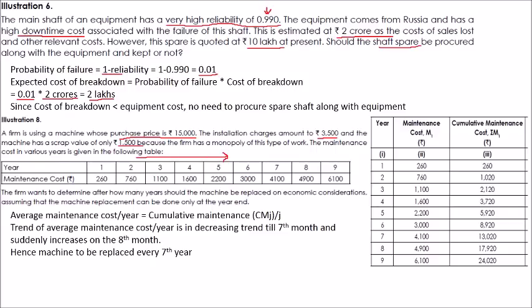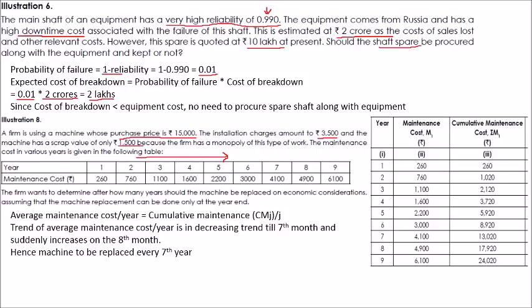So guys, they have given a purchase price of the machine as 15,000, and to install the machine you will spend 3,500, which means 18,500 rupees is the value of your asset, or value of your plant and machinery, and you have a scrap value of 1,500. So 18,500 minus 1,500, 17,000, is the value of the machine.